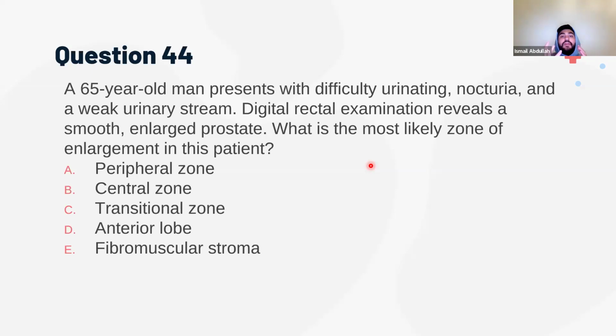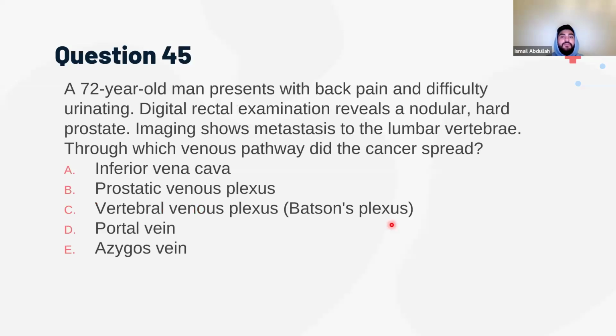Given that it's a smooth, enlarged prostate, smooth surface, pretty firm, it's going to be BPH, benign prostatic hyperplasia. So which zone would be enlarged in patients with BPH? Yep, that's going to be the transitional zone.